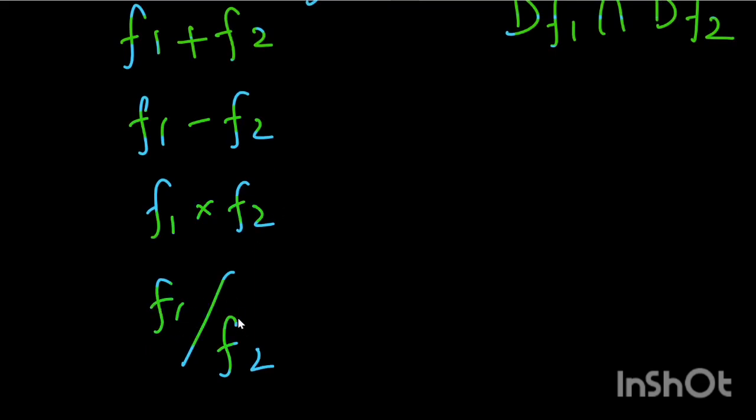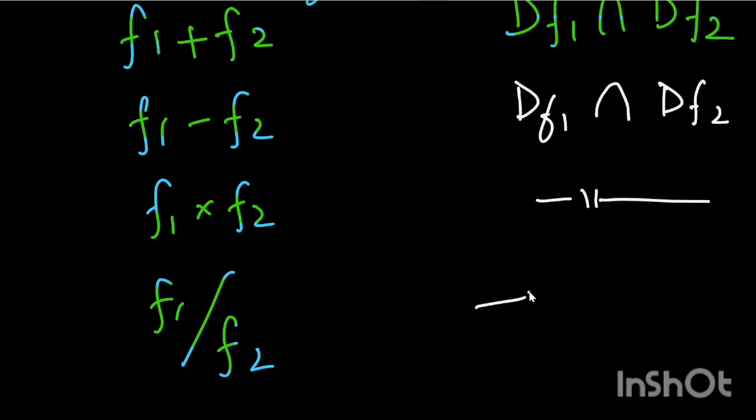What about their domain? Applying the same logic, guys, the domain has to be something which is acceptable by both. So here as well we have to take their intersection only, for multiplication also, division also, and we have to take into account one more thing.